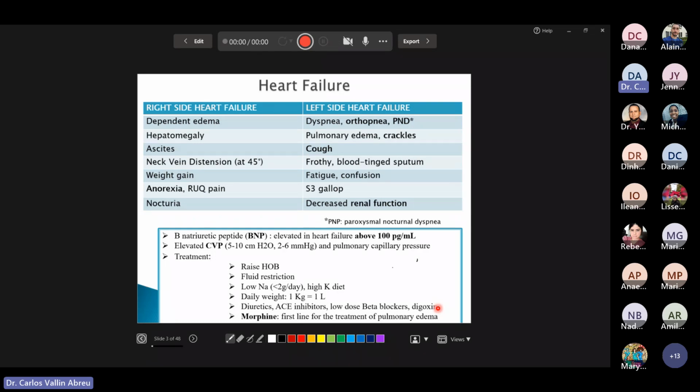Digoxin is a medication that is inotropic positive. Inotropic means that it makes the heart contract, the muscle of the heart, the myocardium, contract more energetically, stronger.